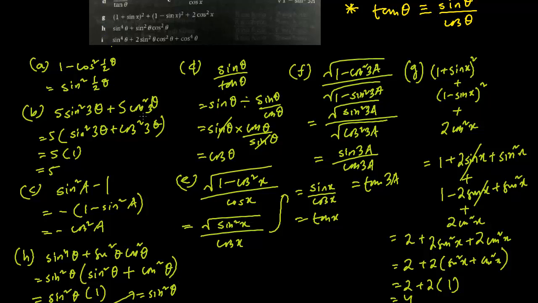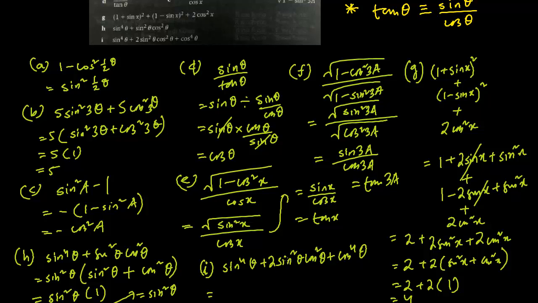The next one is I. We have sine to the power 4 theta plus 2 sine squared theta cos squared theta plus cos to the power 4 theta. If you take a look over here, it's like a squared plus 2ab plus b squared.